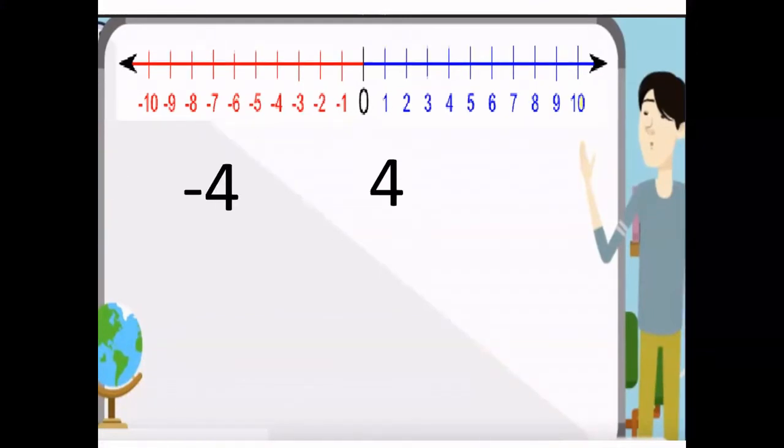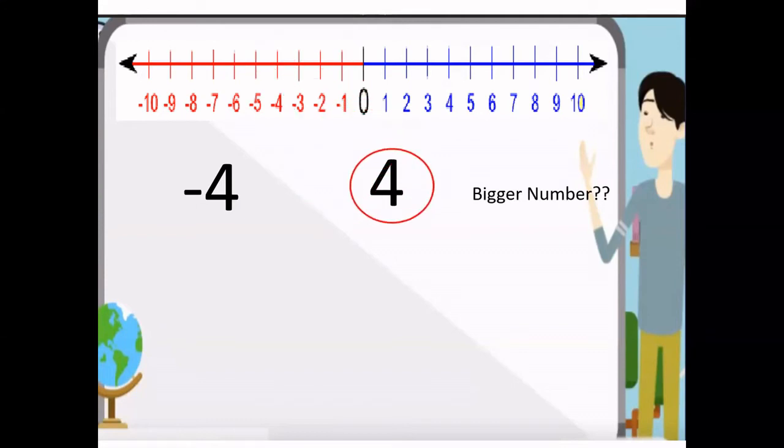Okay, so let's try to see which one is the bigger number, -4 or 4. Remember that numbers found on the right side of the number line are bigger. Which number is bigger?